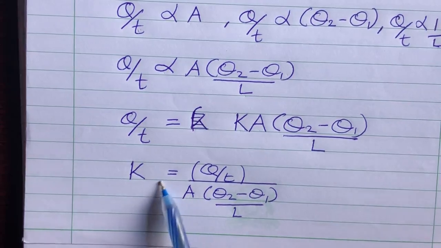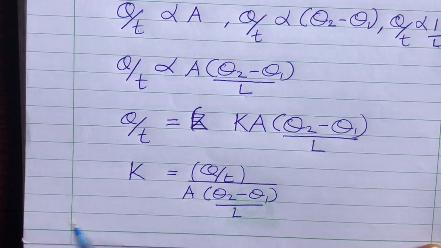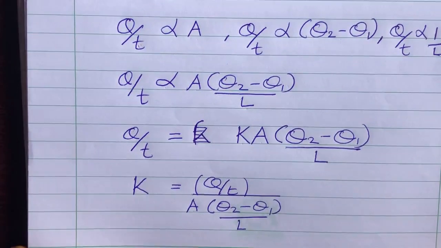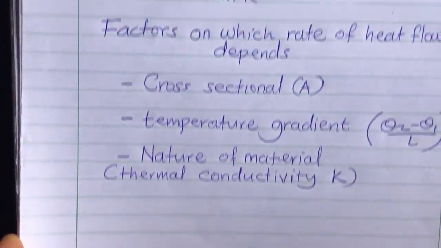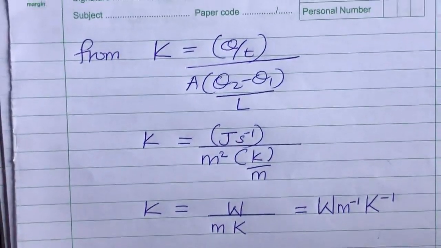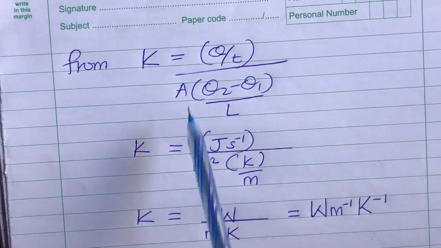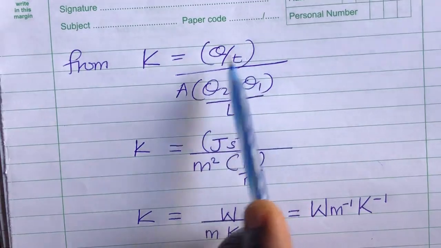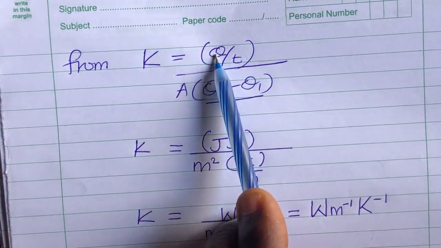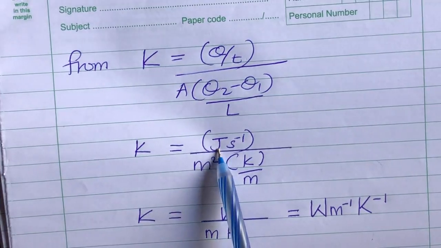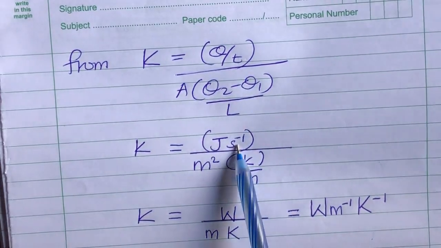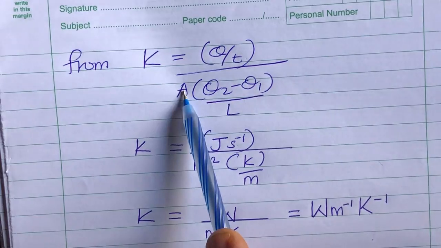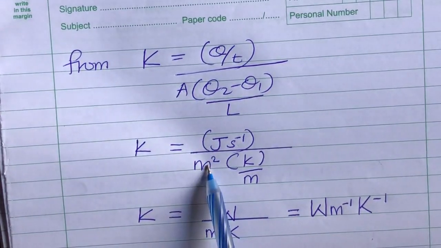Still, from this very formula, we can get the units of thermoconductivity. This is how we shall get the units. From Q over T, Q is heat, and that is energy, so it is represented by joules. Over time, in seconds, that is joules per second. Then area is given as meter squared.